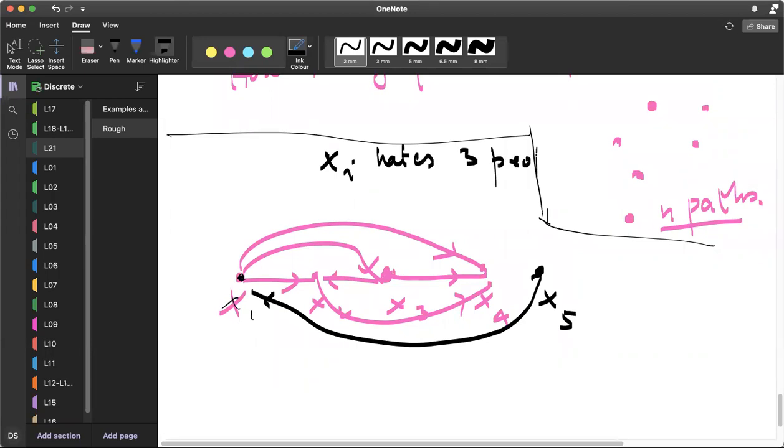Okay, which means that there are 3 outgoing edges. इससे ज़्यादा मैं outgoing edges नहीं बना सकता.